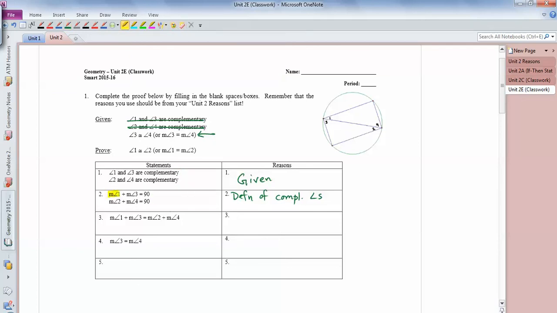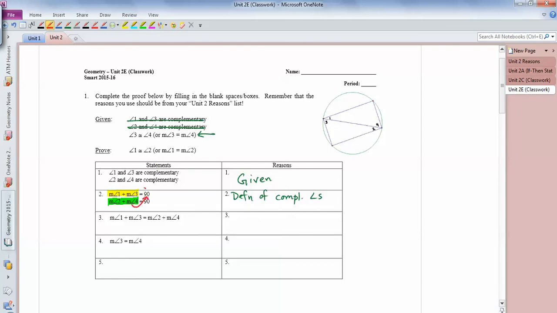Okay, so let me do this. Notice right here, 1 and 3 add up to 90. And right here, 2 and 4 add up to 90. Well, they both equal 90, right? So since they both equal 90, you can replace this 90 right there with the green box here.